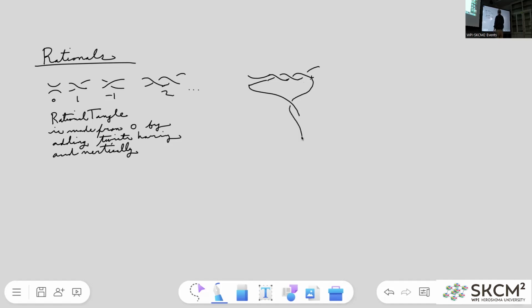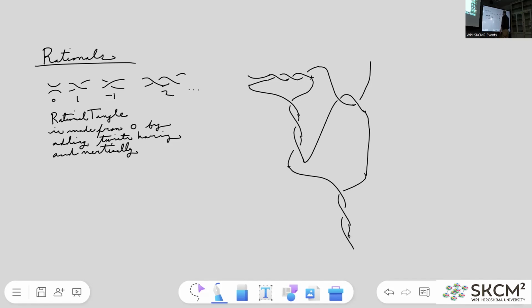This is not a topological operation. This is a construction operation. I could add a vertical twist. Then I could add a horizontal twist to that. And then I could add a vertical twist to that. And maybe one more horizontal twist to that.